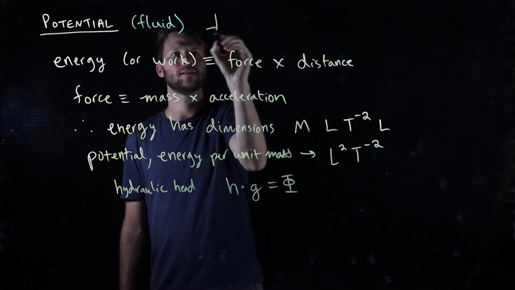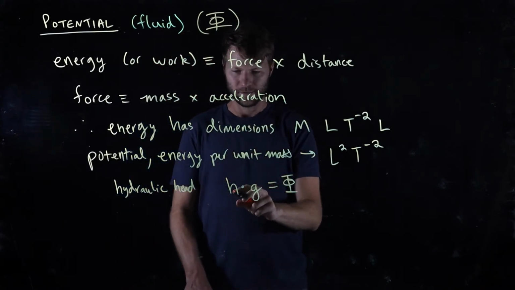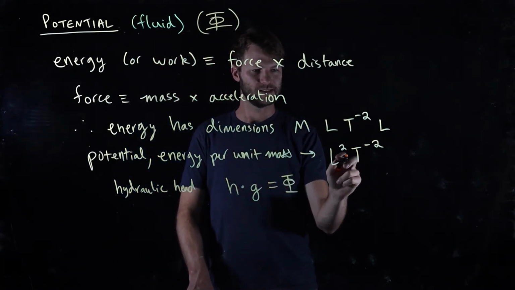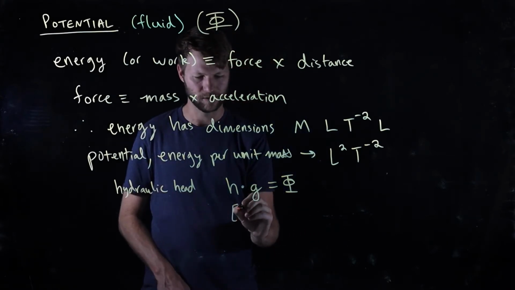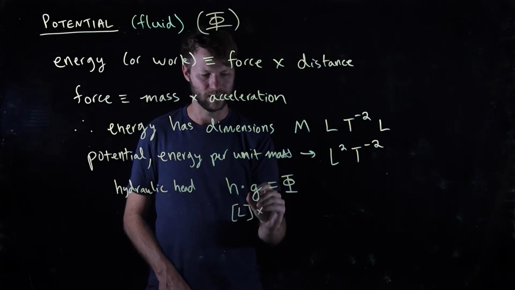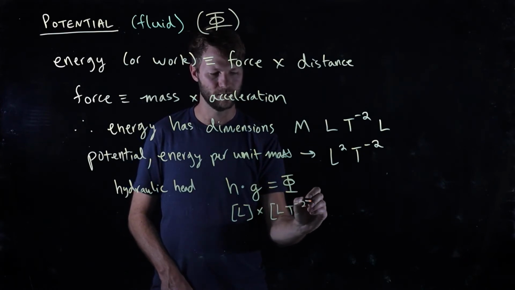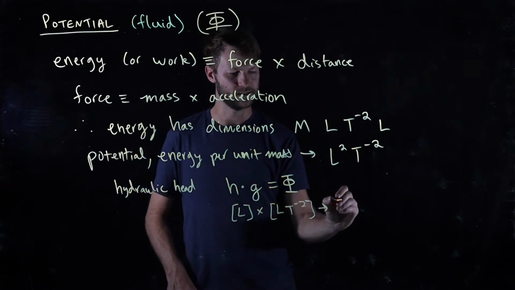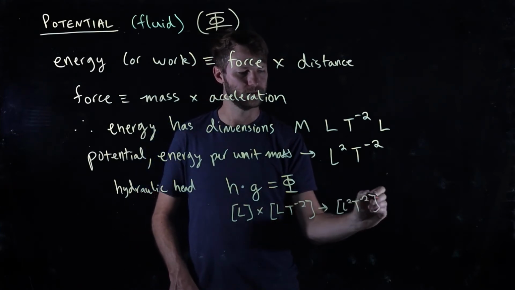So I'll put this symbol up here just so we remember that. And let's see, do we get to this same answer here? Well, H is going to be length times acceleration, length per time squared. Yes, indeed, we do get to length squared per time squared.